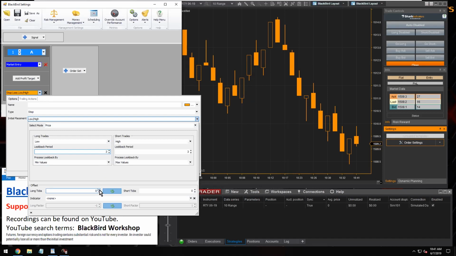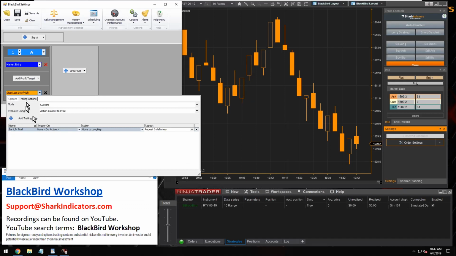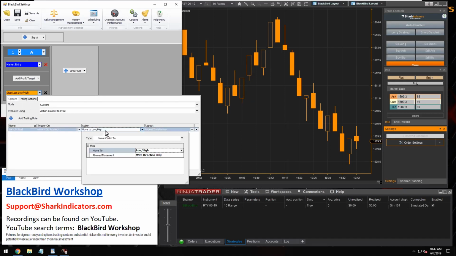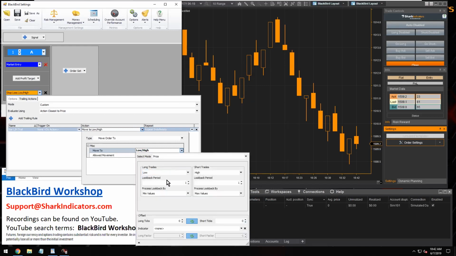And then again, if you wanted to add an offset, say you wanted to go 1 tick below that lowest low of the last 3 bars, you can just add a little offset there. If we want the trailing to follow the same concept, the lowest low of the last 3 bars, we go into the trailing actions tab again, go into the action, then into the move to, and modify the settings to look at the last 3 lows.